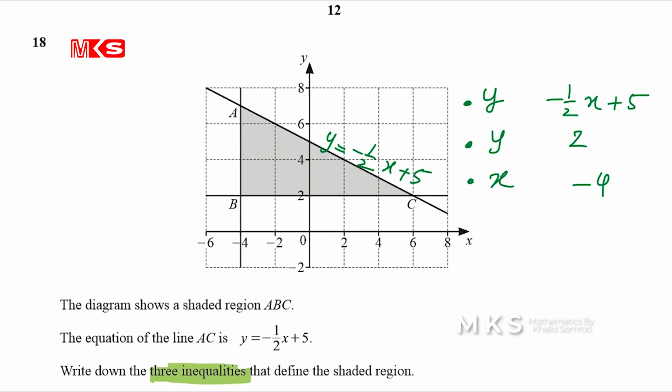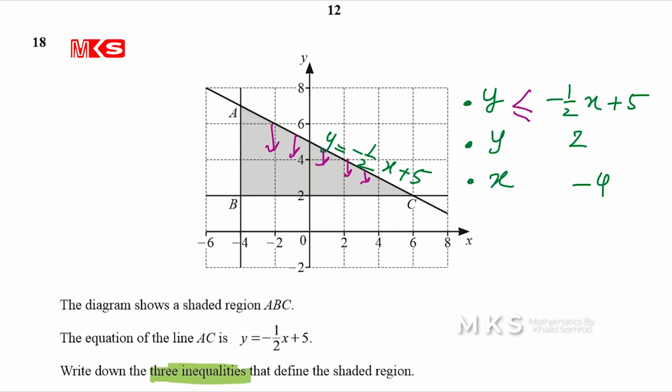Here you can see for this inclined line, whose equation is y equals -1/2 x plus 5, the shaded region is below it. Below means the region is lower, so less than or equal to. So y is less than or equal to -1/2 x plus 5.